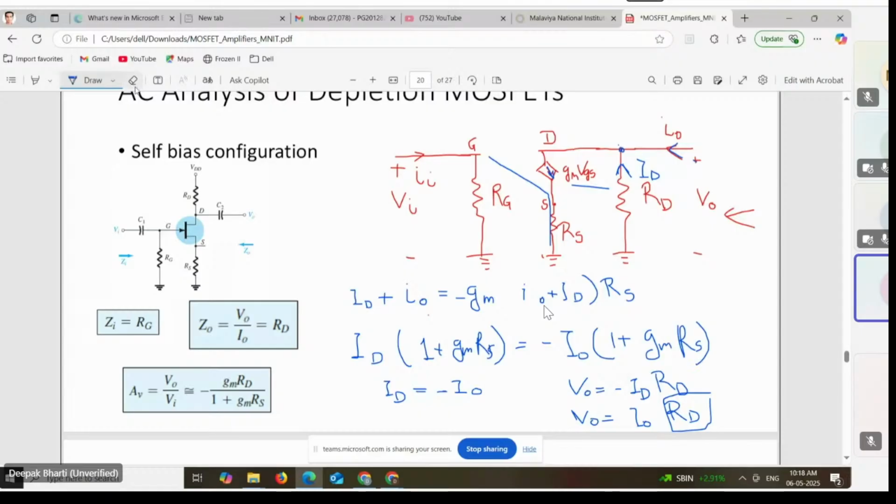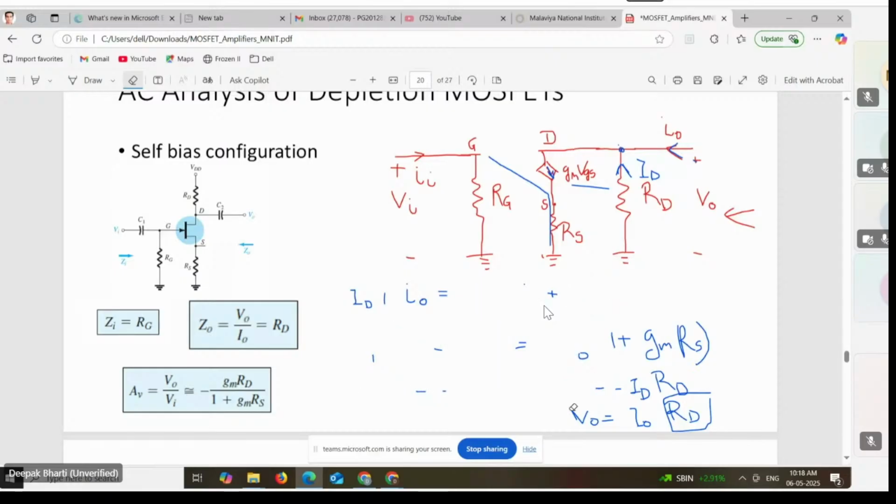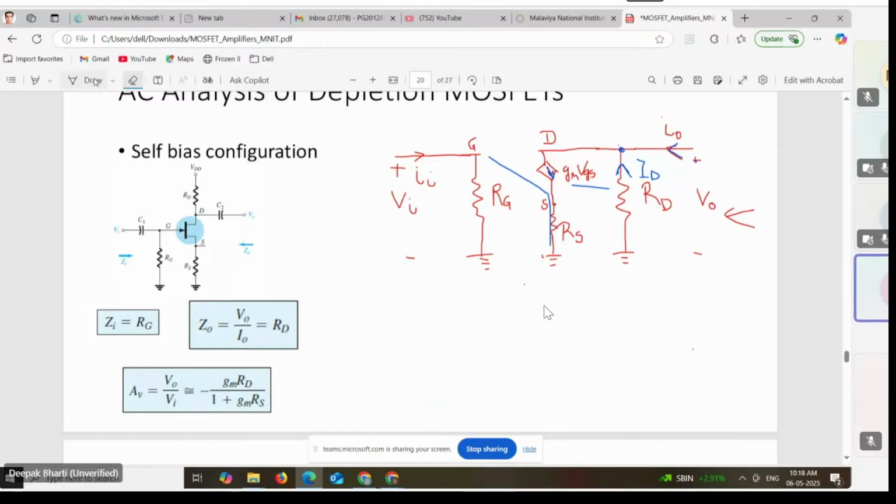Now let's find out what AV is. To calculate AV we use the same equation.